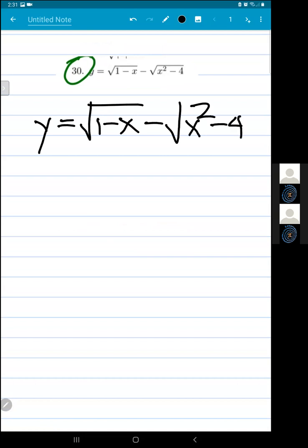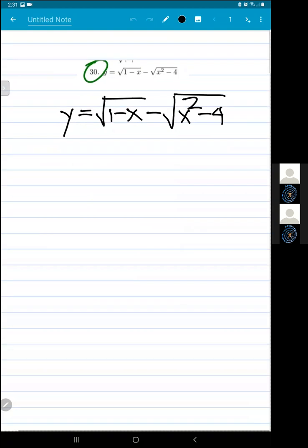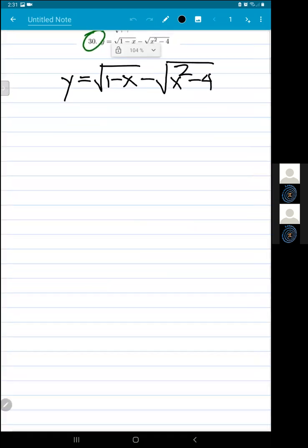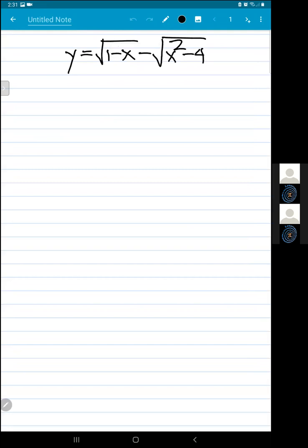Let's find the domain. Now, notice the square roots.